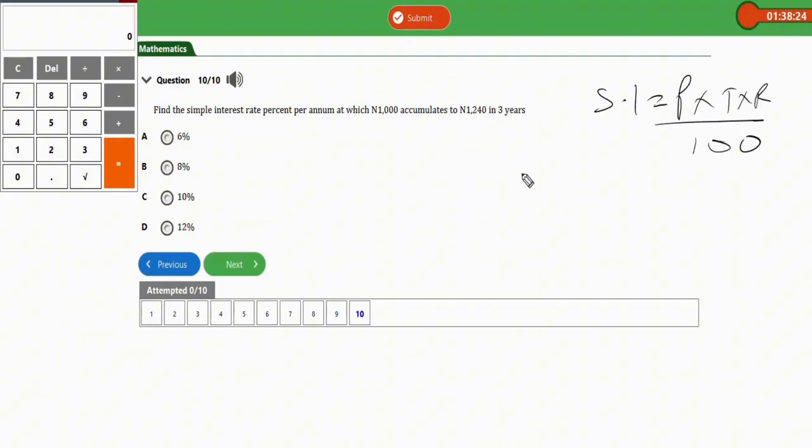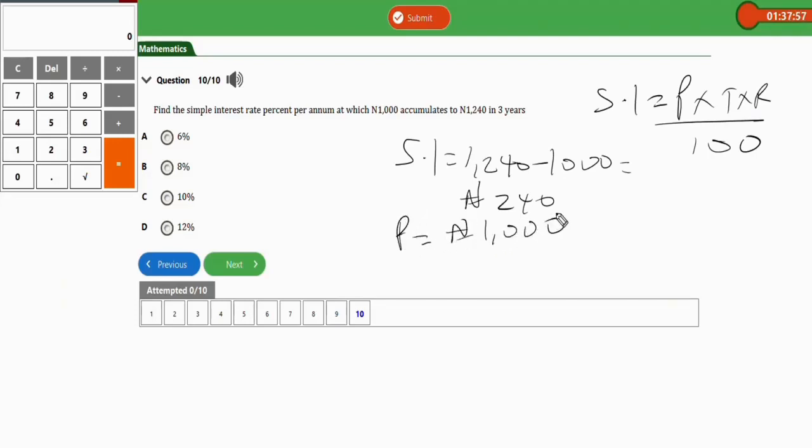Our simple interest in this question will be 1,249 minus 1,000, which gives us 249 naira. Our principal is 1,000 naira, our time is 3 years, and we are looking for the rate, which is unknown.